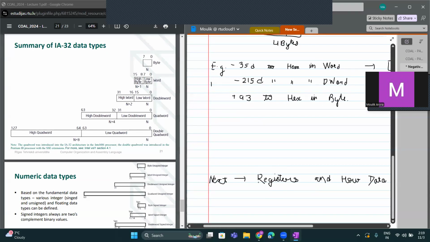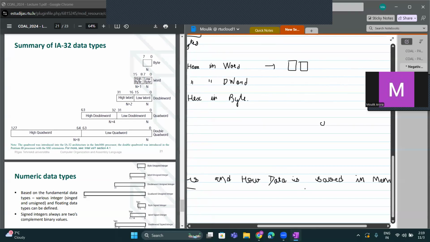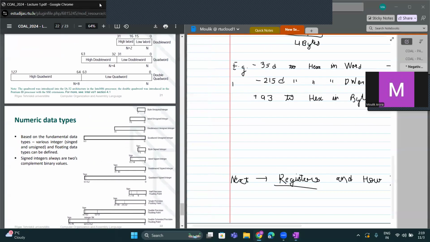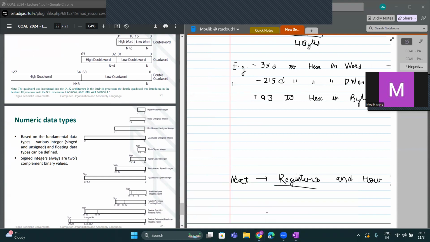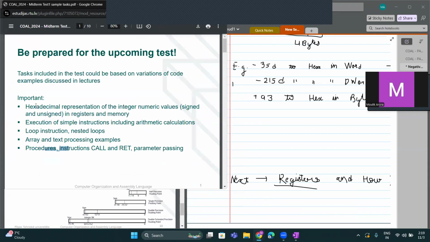In the next video, I will explain what registers are and how data is saved in memory. This will be an important topic because the midterm test will have questions directly on hexadecimal representation of integer numeric values, signed and unsigned.